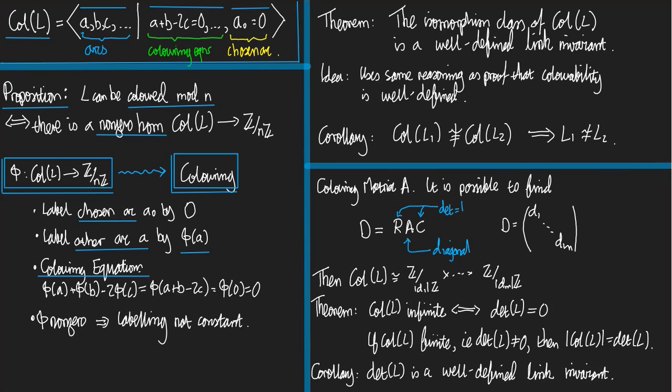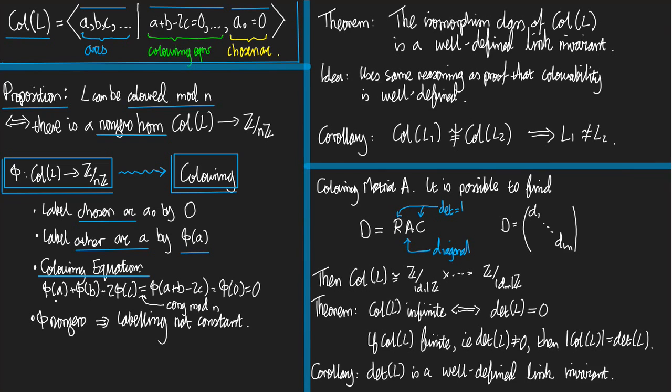And the way that works is, suppose I've got arcs A, B, and C living at a crossing in the normal way. Well, then phi of A plus phi of B minus 2 phi of C, that's equal, inside the integers mod n, in other words, congruent mod n, to, well, phi is a homomorphism.